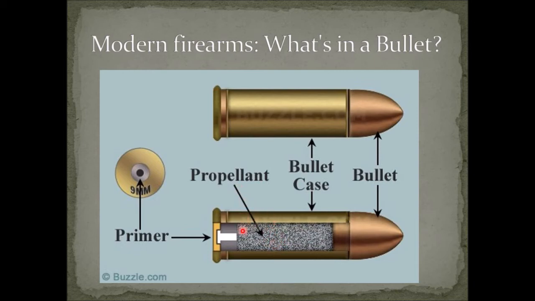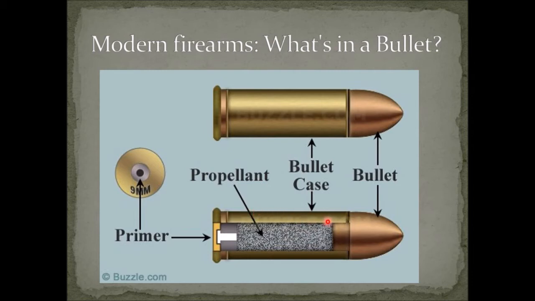This is all cased inside the case. The case of the bullet is generally made out of brass or something similar. Some can be made out of aluminum, sometimes they're steel, sometimes they're a brass that's coated with something. But most commonly, they're called brass because they're generally made of brass. It's a thin casing of brass.